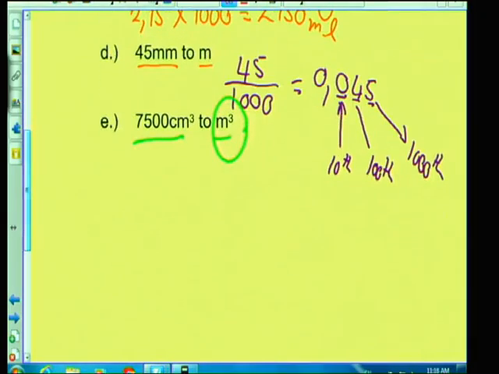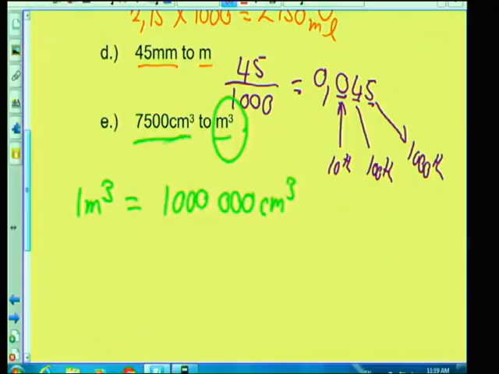We said that 1 meter cubed is the same as 1 million centimeters cubed. Okay? That's what we said. If we're going up in centimeters, we get 1 million centimeters cubed is 1 meter cubed. I hope you followed that.